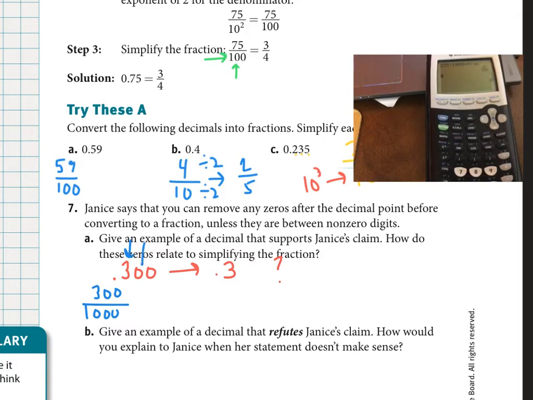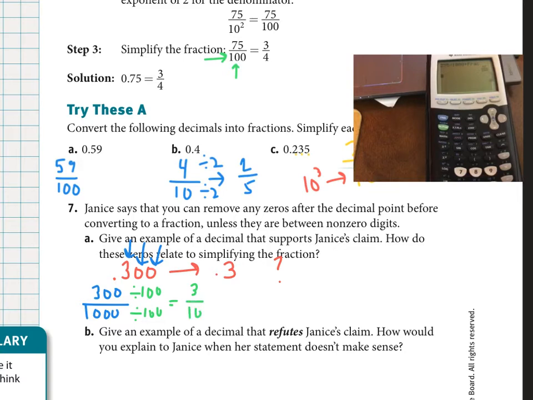Remember, tenths, hundredths, thousandths. And 300 over 1,000, if we were to reduce that, we could divide them both by 100, and that would equal 3 over 10.